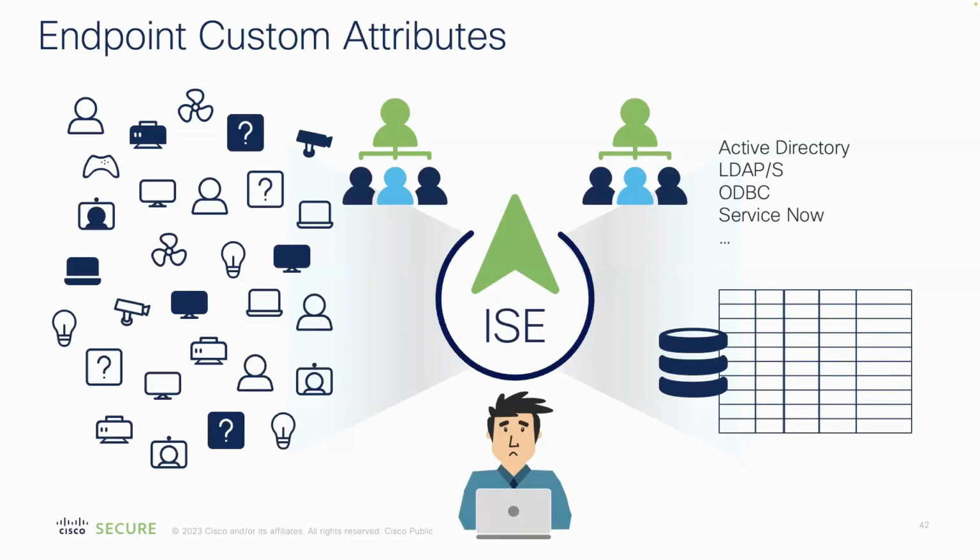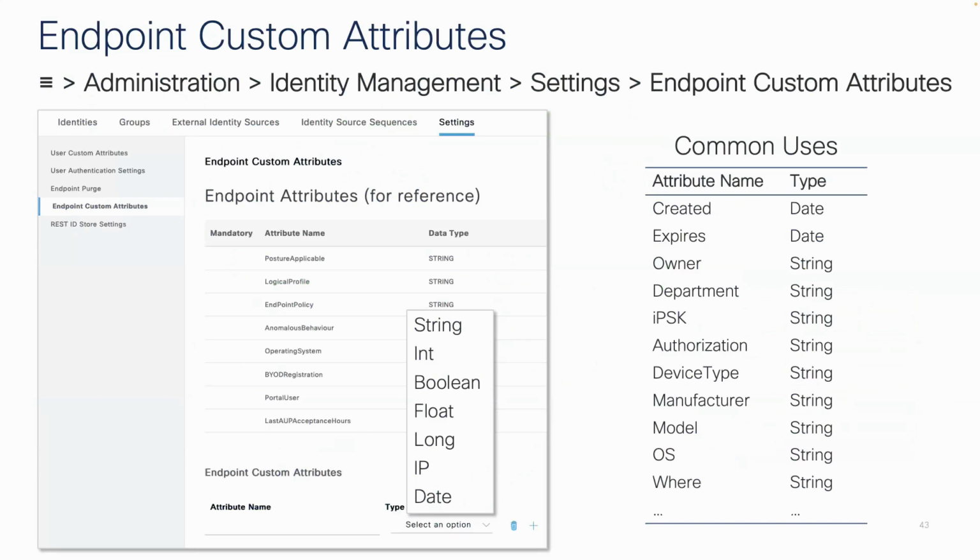You just don't get that. And so usually these are things decided by people and organizations and inventory asset workflows and things like that. So we actually have the ability to do some endpoint custom attributes in ISE. So you can actually go in and create these different attributes with data types and then create policies based on them. And so let's take a look at how that works.